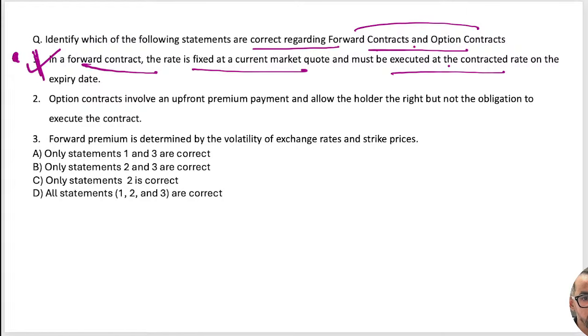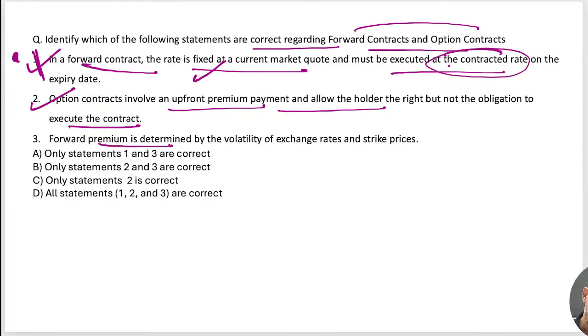This should be wrong because we generally decide to buy or sell today, but the obligation is settled on the future date, right? Options contracts involve an upfront premium and allow the holder the right but not an obligation to execute the contract. That is for long options and in general also.